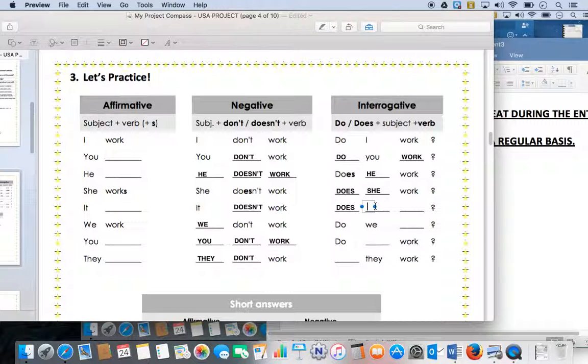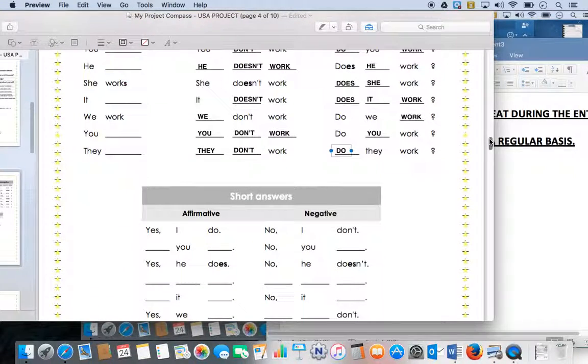Does it work? Do we work? Do you work? Do they work?